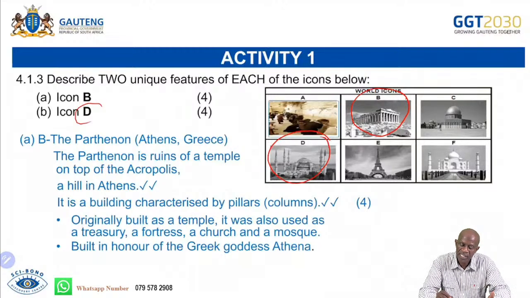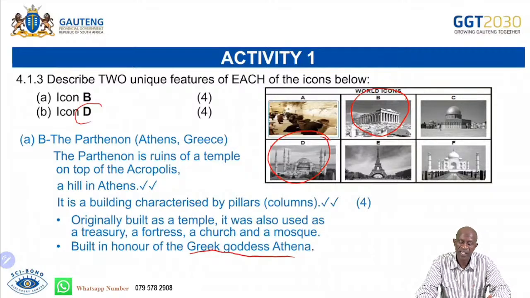So as you can see, there are pillars, and these pillars are shaped like columns. Originally built as a temple, it was also used as a treasury or a fortress, a church, and a mosque. It was built in honor of the Greek goddess Athena.